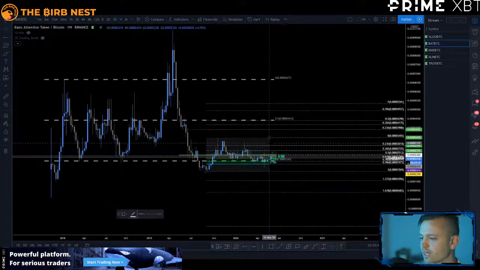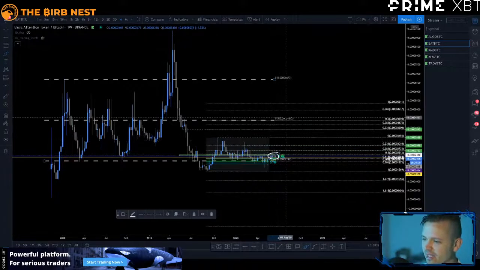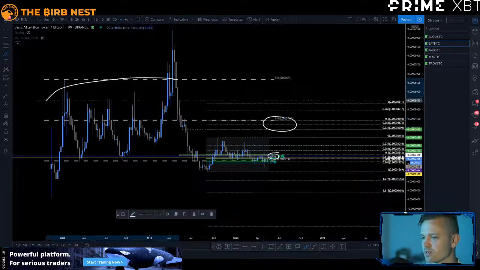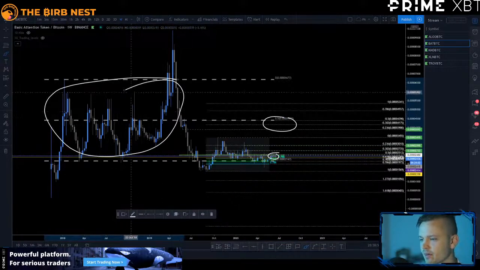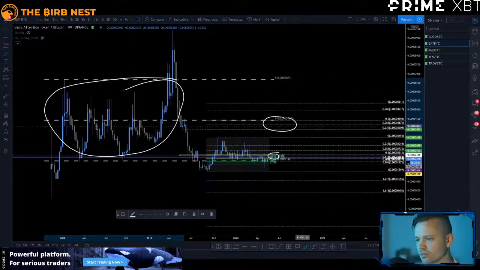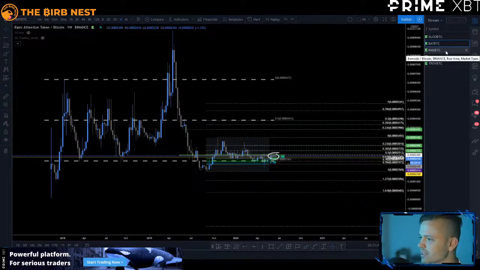So if we reclaim range low here comfortably, I do think we are going to see in the long term a move to range EQ. I mean, just look at this structure right here. If it starts to perform well, it's most likely going to move to range EQ. So that's BAT BTC.